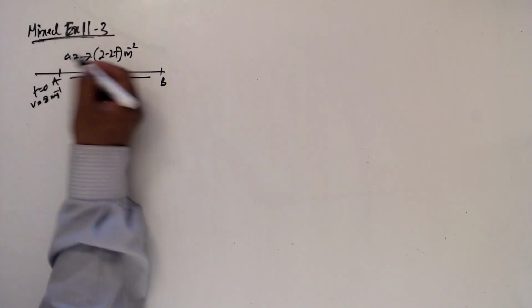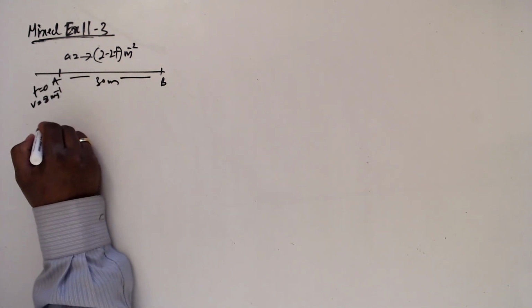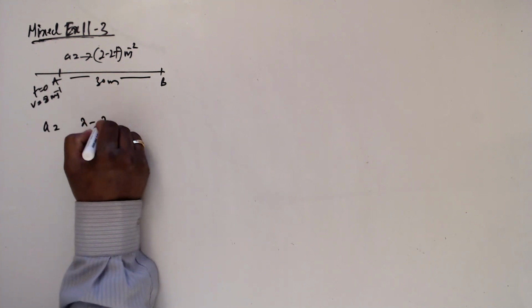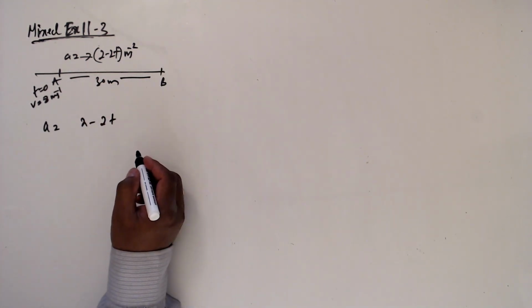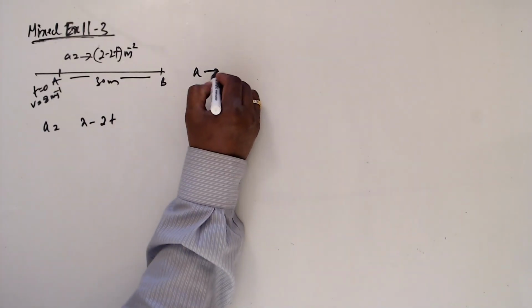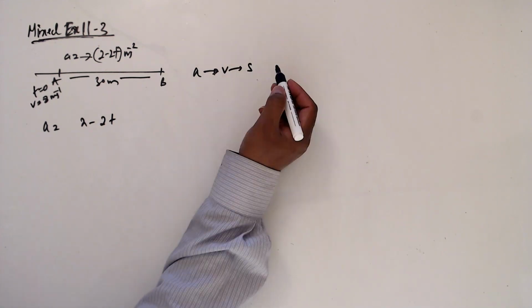We'll find the displacement equation for the particle. Now a is given as 2 minus 2t, that is acceleration. We need to find first of all acceleration, from acceleration to velocity, velocity to displacement.